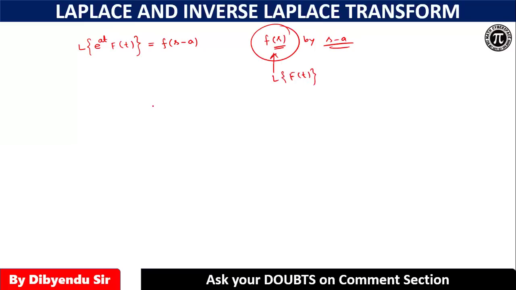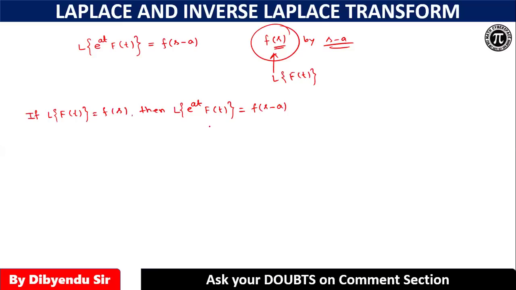Clear? So let's write the property, first shifting property. If Laplace of f of t is equal to f of s, then Laplace of e to the power at f of t is equal to just f of s minus a.